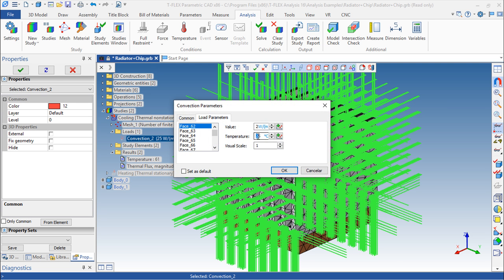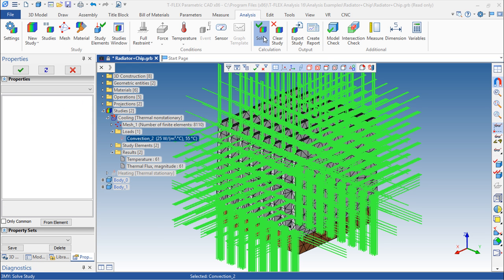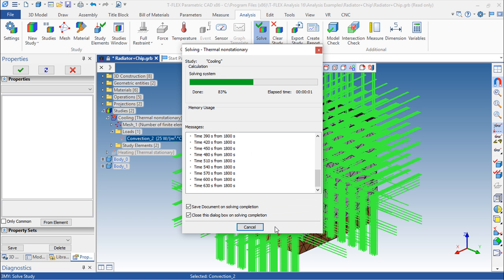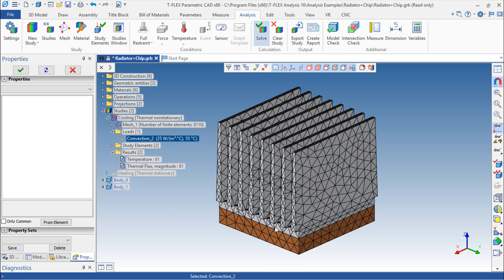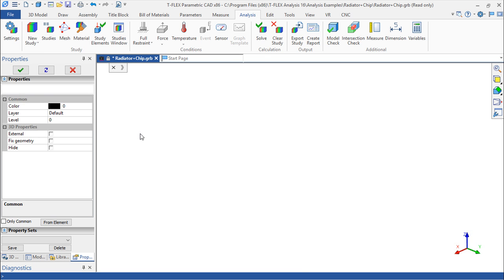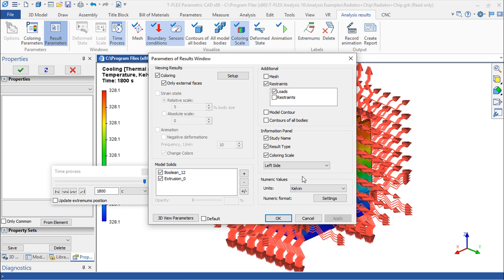Let us change these also to, for example, 55, and do another calculation. Now we should have a variation, because if everything is on 25, then nothing changes.